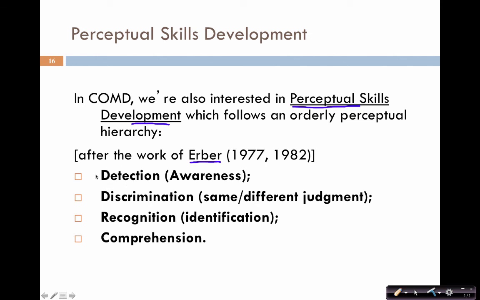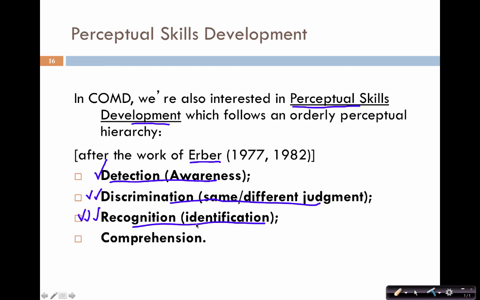It begins with, and is dependent on, the lowest level of the hierarchy, which is detection or awareness of an acoustic stimulus. Following that, the next highest thing would be discriminating, which is to be able to tell what's same or different, to be able to tell differences among stimuli. The third level, which is higher yet, is the ability to recognize and identify sounds, events by their sound signatures.